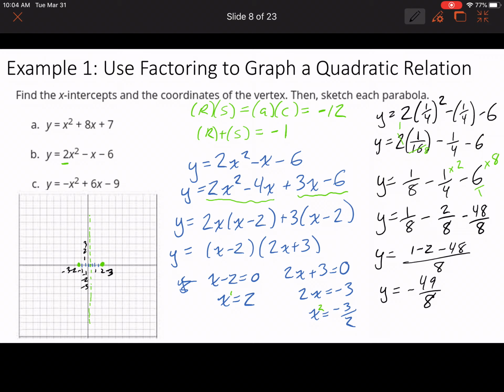Negative 4, negative 5, negative 6. So our vertex here is going to be just below it. We've got 1/4 and negative 49 over 8. A little complicated in there, but we should be able to work with fractions. And that is B.